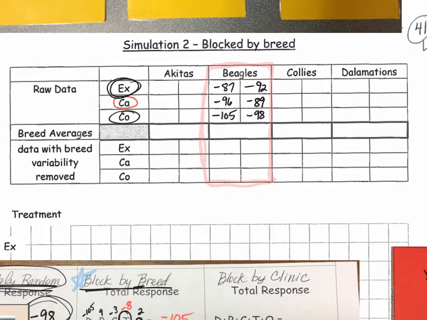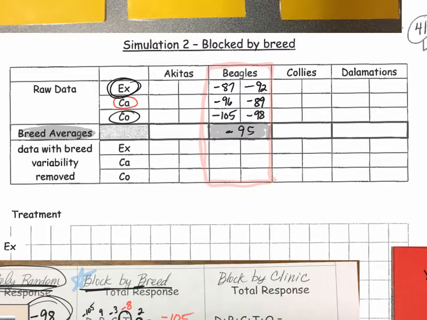Okay, so what we do then is we want to see what is the average amount that this breed contributed to this situation. I'm going to average that, and I get -95. So just by virtue of us being a Beagle, we on average have this bone density loss.